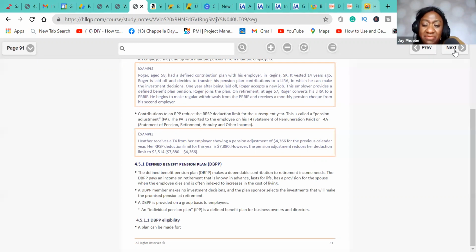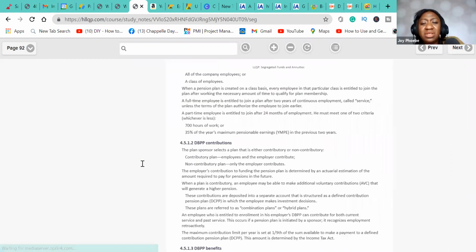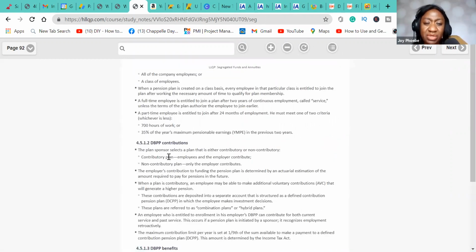Defined benefit pension plan eligibility. Eligibility can be of all the company's employees or a class of employees. When a pension plan is created on a class by class basis, every employee in that particular class is entitled to join. A full-time employee is entitled to join a plan after 2 years of continuous employment, called service, unless the term of the plan authorizes the employee to join earlier.